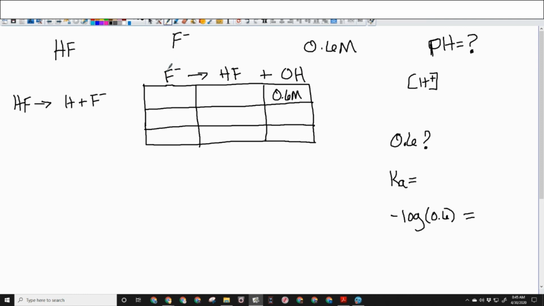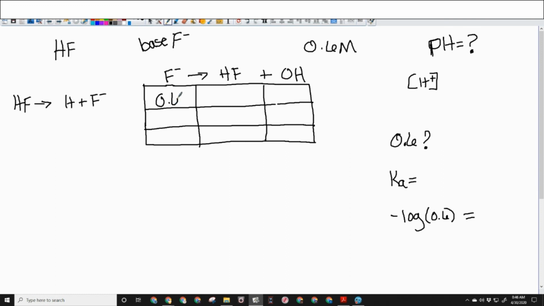So we have to think about this fluoride ion as being a Bronsted-Lowry base. If it's a Bronsted-Lowry base, it's going to accept a hydrogen when we mix it with water to become HF. And what's going to be left over here is the OH when we pull an H off of water.